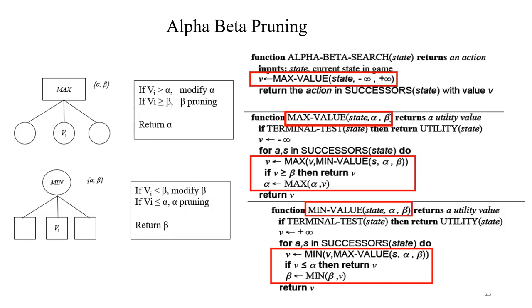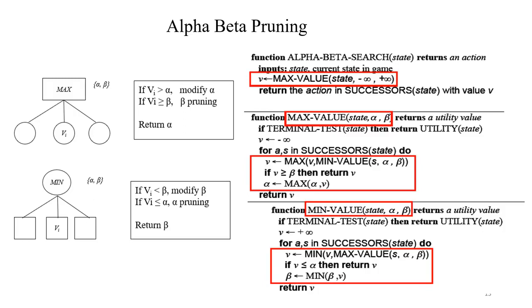The two important subfunctions are max value and min value. Both functions return the utility value of the leaf nodes. First we'll see the max value. Max value takes three parameters: its current state and alpha and beta values.